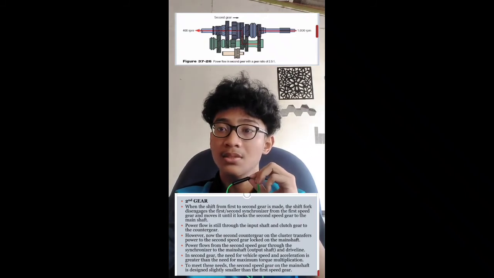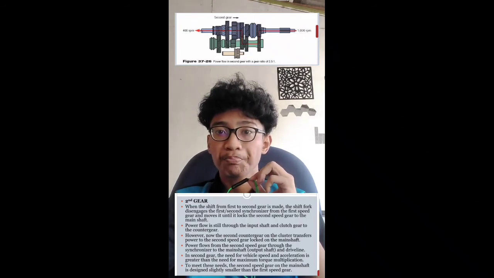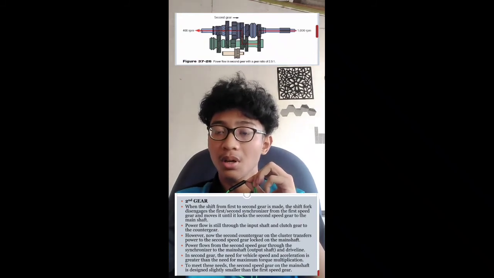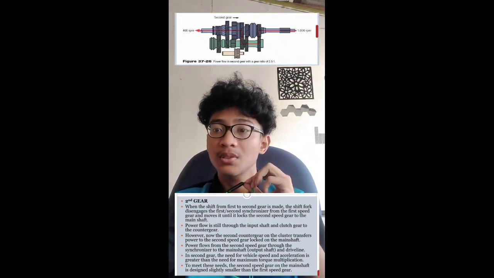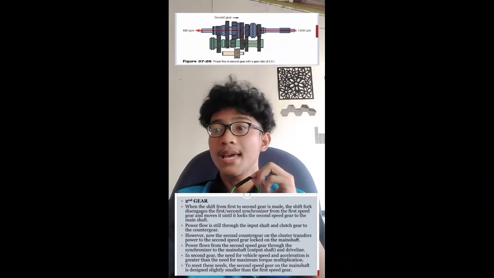Power flow is still through the input shaft and clutch gear to the counter gear. However, now the second counter gear transfers power to the second speed gear locked on the main shaft. Power flows from the second speed gear through the synchronizer to the main shaft, output shaft, and driveline.